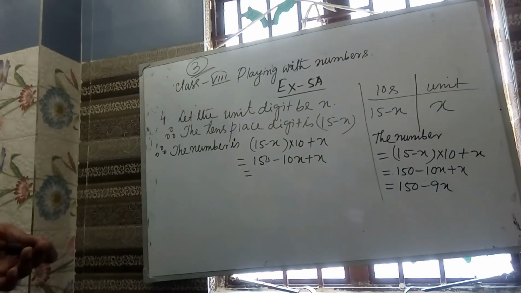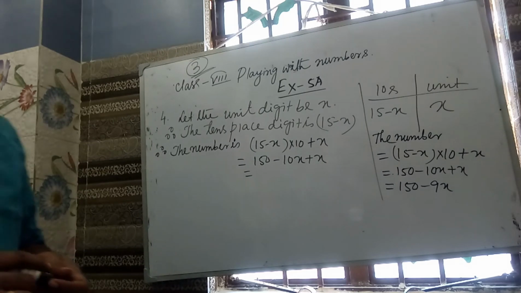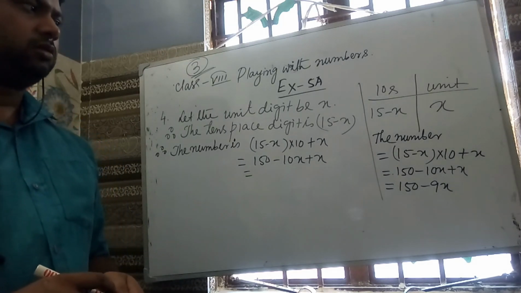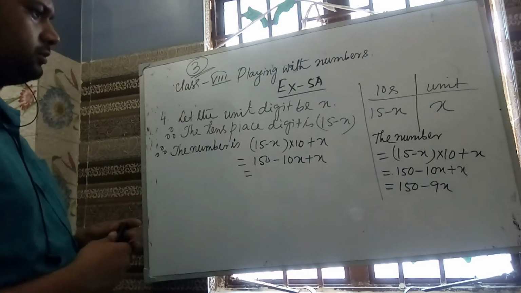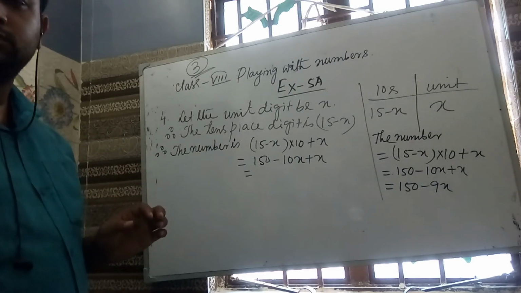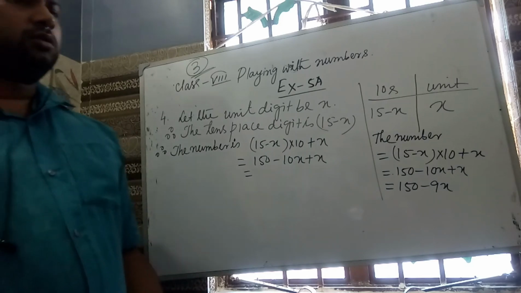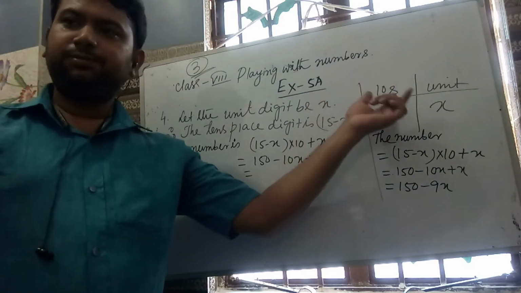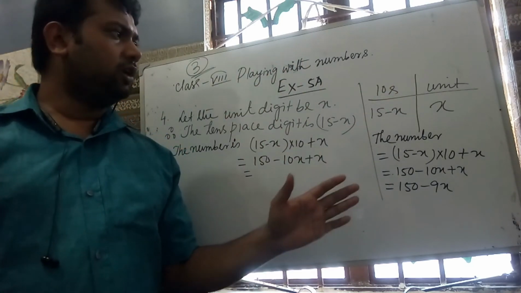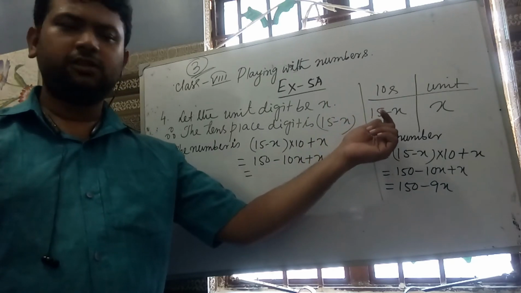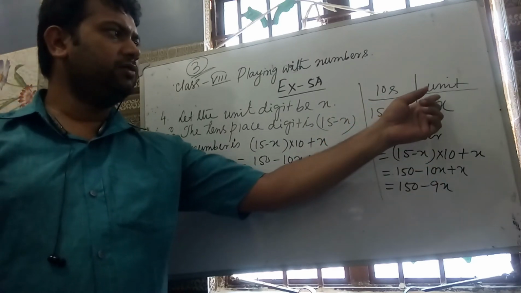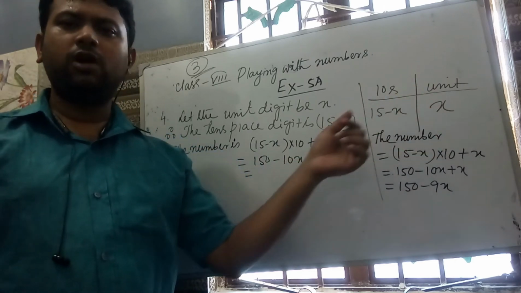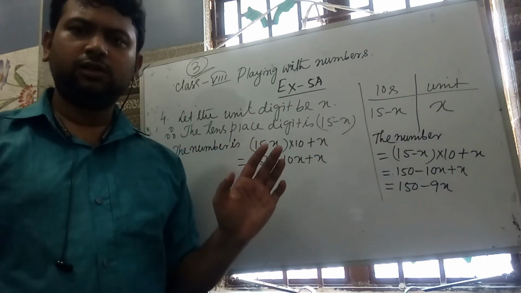Why multiplied by 10? Look, for the tens place digit, whatever is there in the tens place, we have to multiply 10 with it, and whatever is at the unit digit, we have to multiply 1 with it.